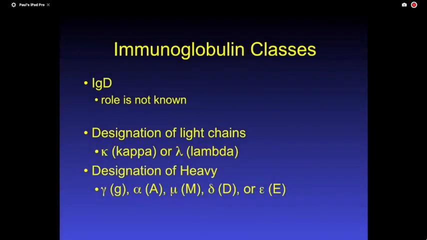IgD, at the time that the text that I was using was produced, they weren't quite sure. It is a really, really low concentration class of antibody. We now think it is this. We believe, and this is still a guess, that it is involved in binding to some of our cells that produce antibodies and reducing their effectiveness.